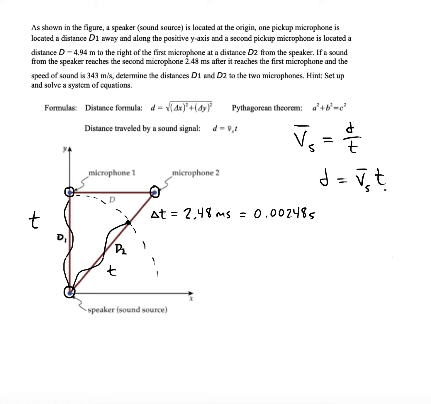And it doesn't matter whether we use average speed here or just instantaneous speed because this speed is not changing. It's the speed of sound. It's constant, 343. But we want a system of equations, so let's do this. That the distance 1 will equal 343 meters per second, the speed of sound, times t. Because that's how long it takes for the wave to get from the speaker to that microphone.